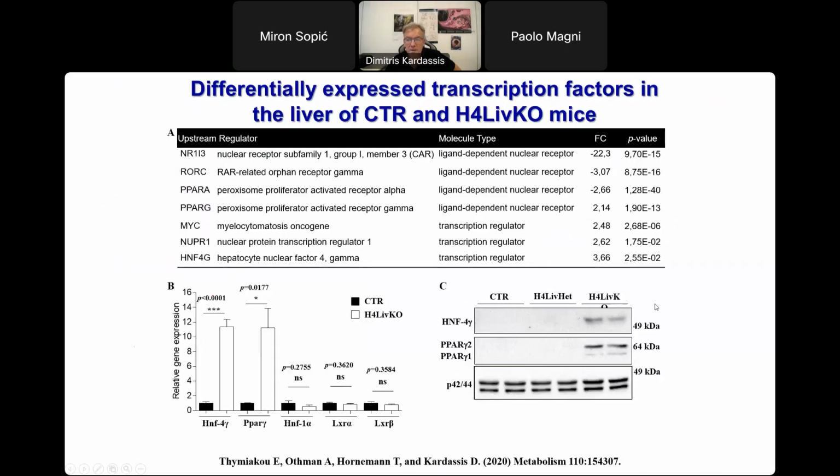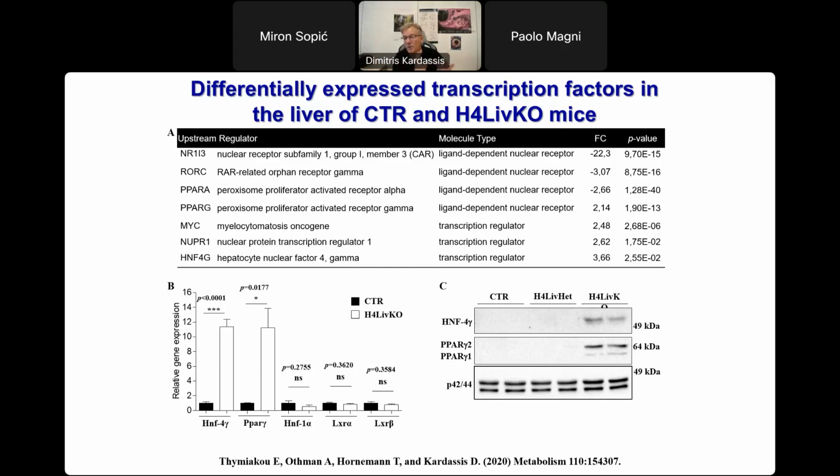Using bioinformatic tools, you can actually see what is happening in terms of gene networks. You can identify networks of genes which are affected, and then you can study one network at a time. If you are interested in this, and you have, of course, the money and the power, you can study and validate these pathways, because all the transcriptomics and the bioinformatics just give you the information. Then it's up to you to validate these findings or leave it there for someone else.